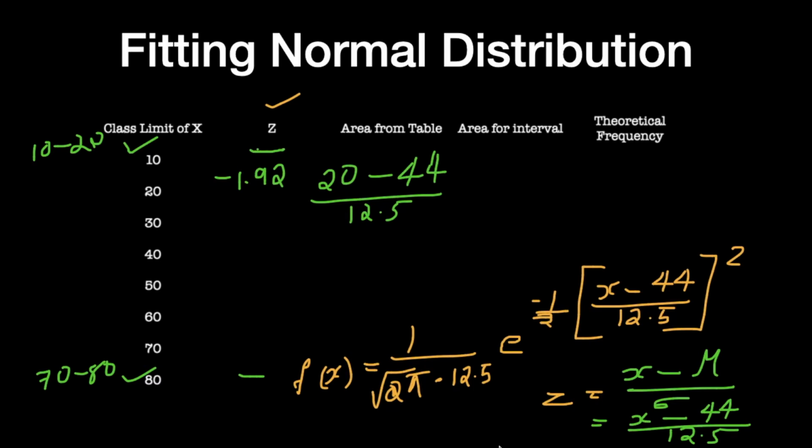Likewise, we have to calculate the standard normal variate for each and every value given in the first column. So for x being 30, it will be 30 minus 44 divided by 12.5, and it will come to around negative 1.12. Likewise, we will be calculating the standard normal variate for every given value.